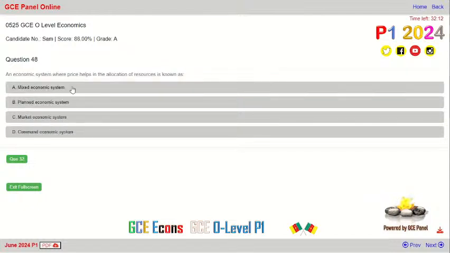An economic system where the price helps in the allocation of resources is known as. This sounds like a market economy system. Let's see if you are right. Market economy system. Question 49. One economic effect of inflation is that, well, investors already know now.